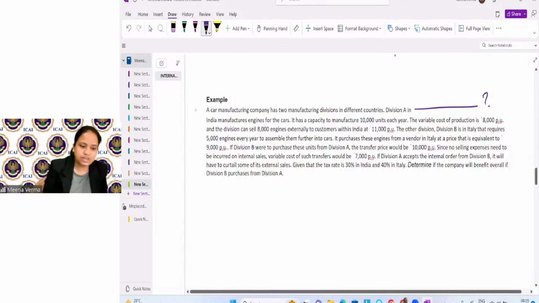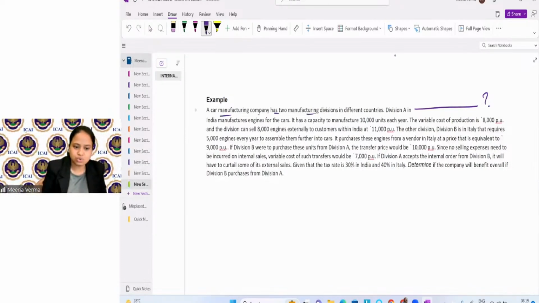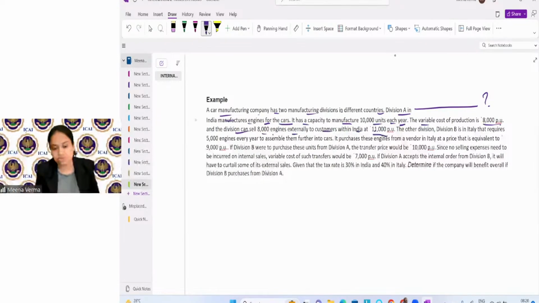Okay, so what is given here? A car manufacturing company has 2 manufacturing divisions in different countries. Division A in India manufactures engines for the car. It has the capacity to manufacture 10,000 units each year. The variable cost of production is rupees 8,000 per unit, and the division can sell 8,000 engines externally to customers within India at rupees 11,000 per unit.